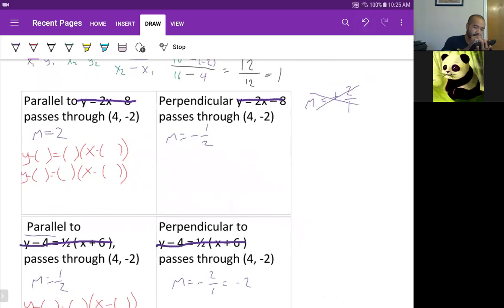All right, let's start filling stuff in. The slope is 2, so 2 goes here. Then you have the x1, y1. So that goes here. Negative 2 goes here.